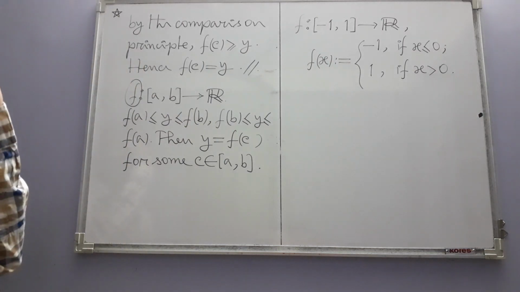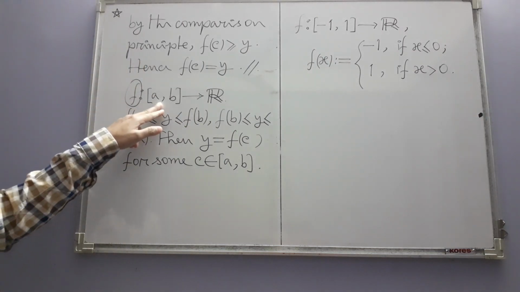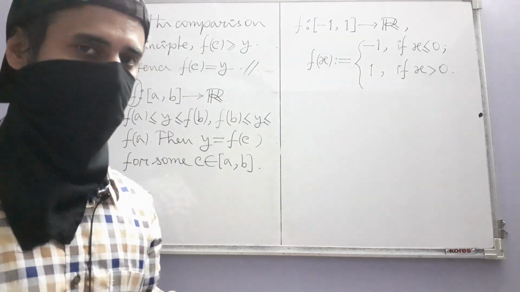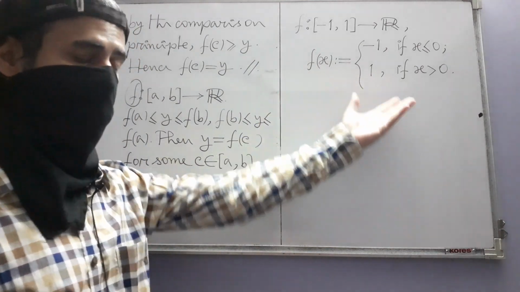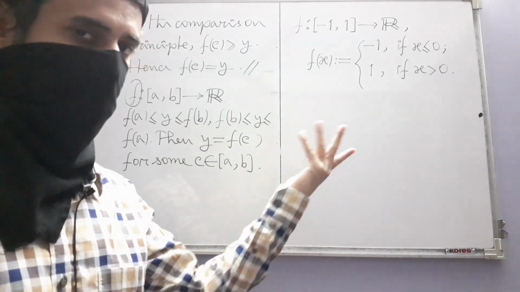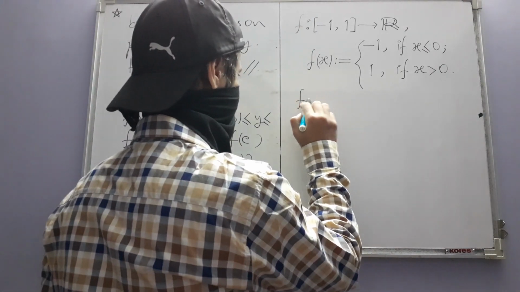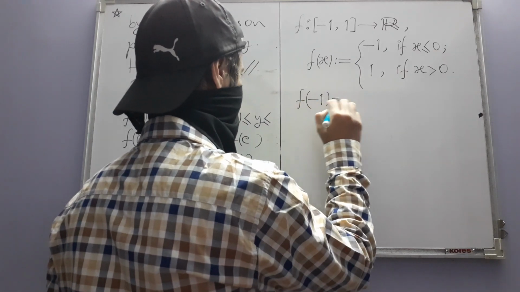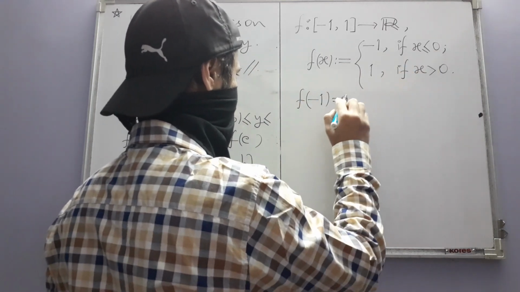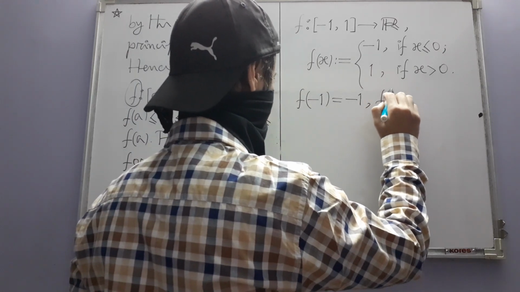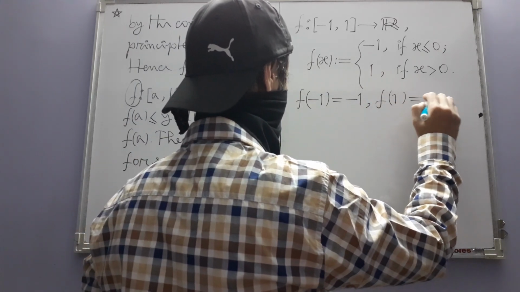Now it's the kind of function that we are considering here, except for the fact that it's not continuous. It is not continuous at 0, which you can clearly see. Now what is f of -1? Because -1 is negative, it's -1. And what is f of 1? It's of course 1.